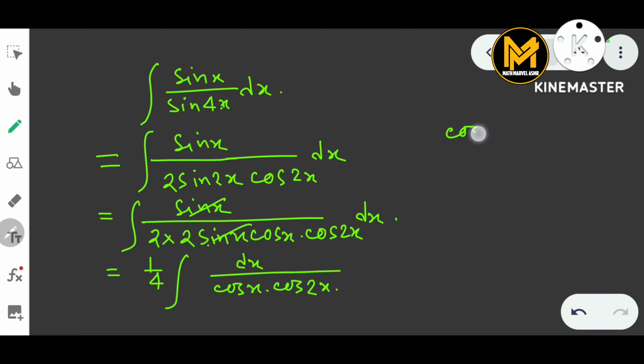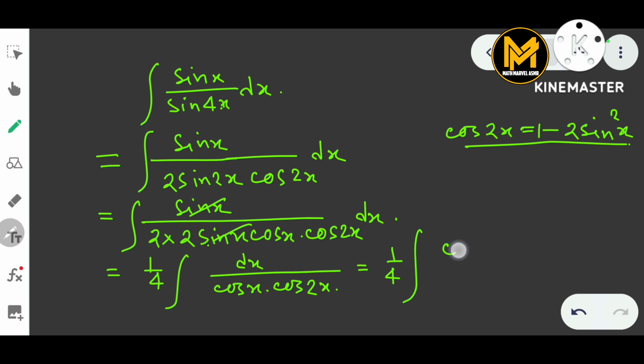Now we know the formula, that is cos 2x is equal to 1 minus 2 sin square x. So we will put it here and we will manage it in this way. We will multiply cos x in both numerator and denominator, so that the denominator part will be cos square x into, putting the value of cos 2x, 1 minus 2 sin squared x into dx.